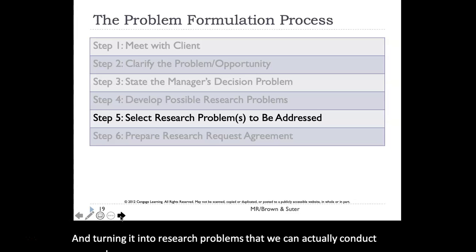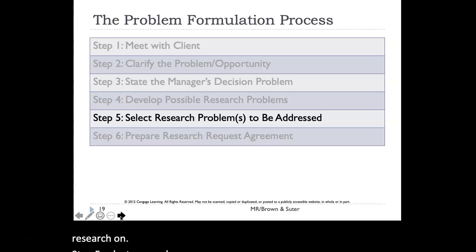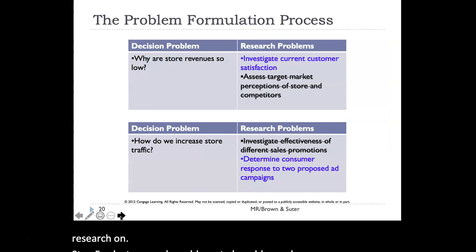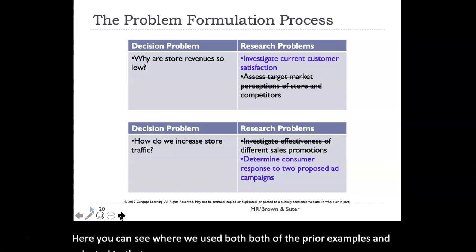Step 5, select research problems to be addressed. Here you can see where we used both of the prior examples and selected 2 or 1 in each category that would best give us the information that we need.